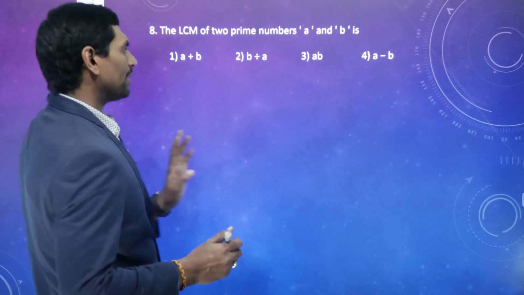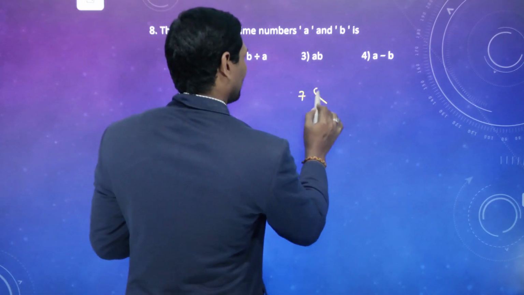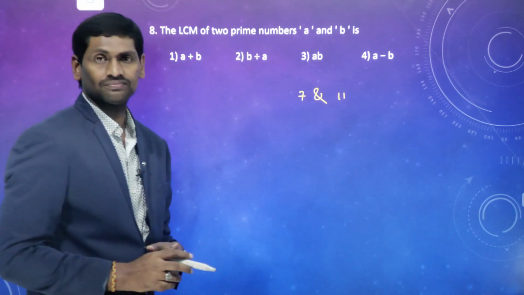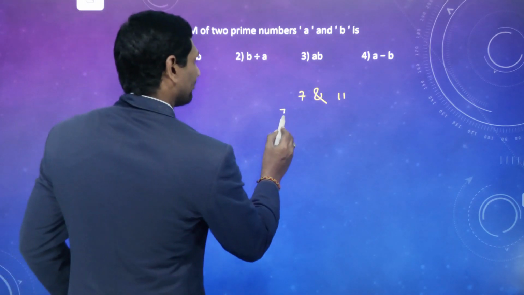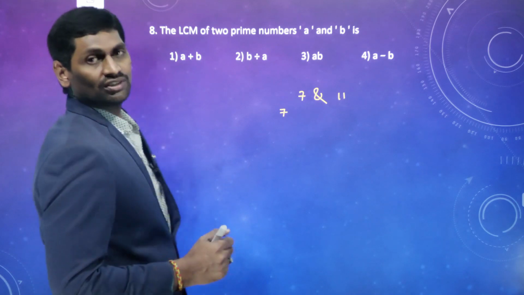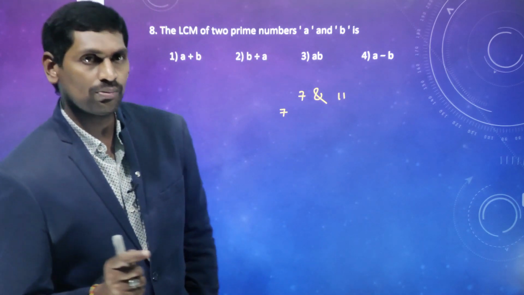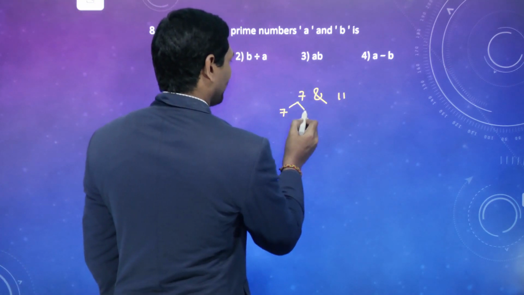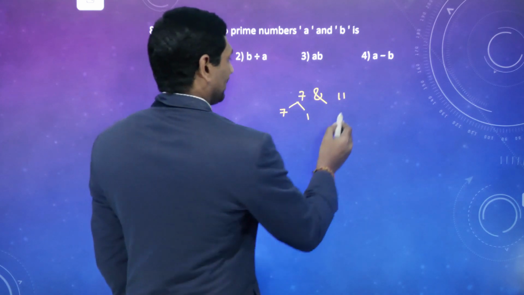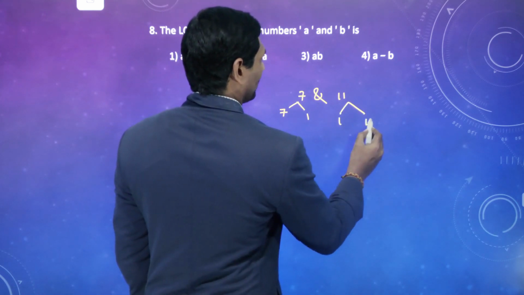For example, 7 and 11 are two prime numbers. Identify the HCF of both of them. HCF means highest common factor. 7 is a prime number, its factors are 1 and 7. Same way 11 has factors 1 and 11.